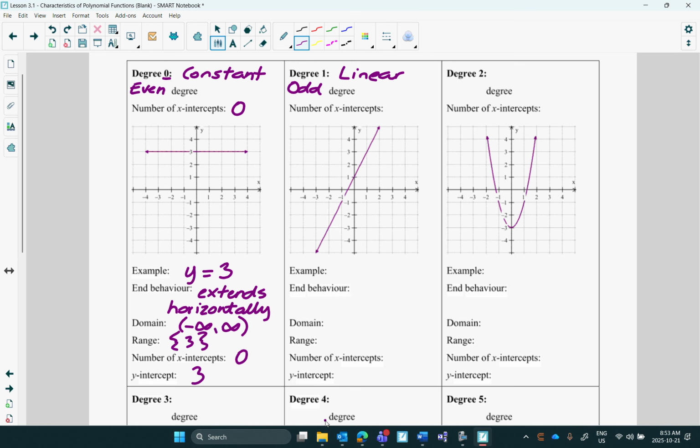And how many x-intercepts? 1. Okay. Slanted line will always cross the x-axis, but it'll only cross it once. Well, what's this specific example? Remember, I could use y or f of x, so I'm going to just switch it out. In this one, this is the equation f of x equals x plus 1.